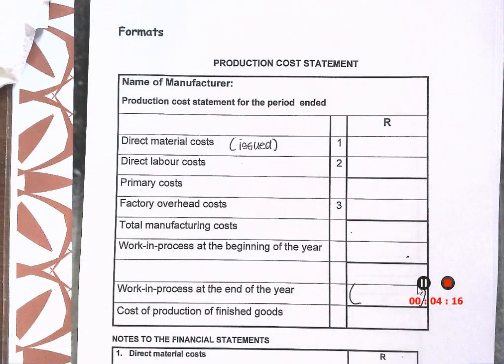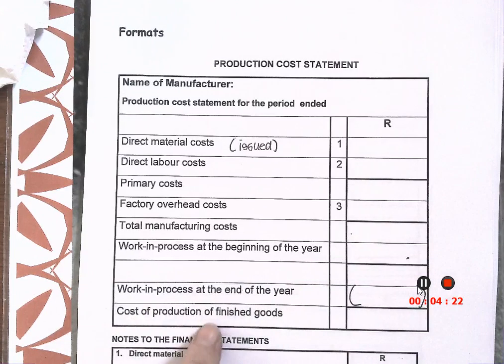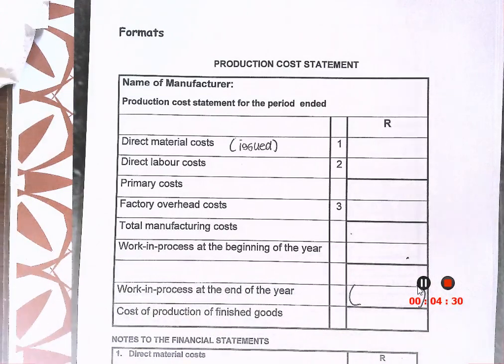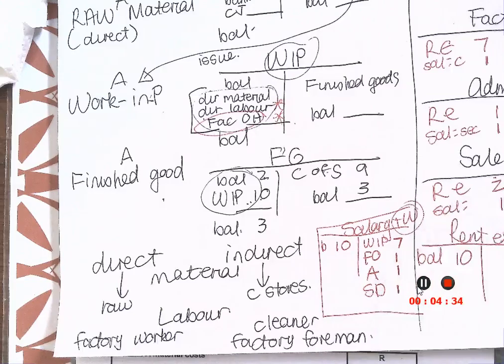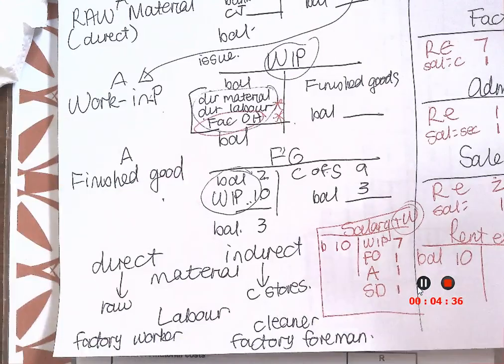This is very important. This is not the cost of sales. This is the cost of the products that's now going to finished goods. In other words, it's this one. If I look here, can you see? It will be this one.